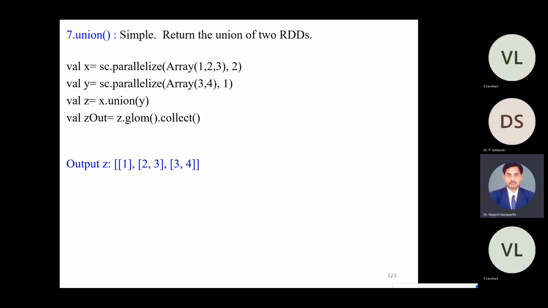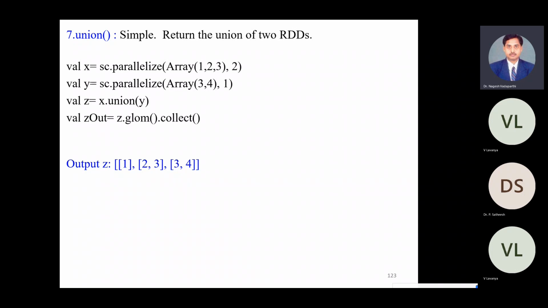Thank you, madam. So union is a transformation. It is very simple. It returns the union of two RDDs. My X is the input variable, sc dot parallelize of array of 1 comma 2 comma 3 with two sets. So 2 indicates 2 sets. Then output variable Y is equal to sc dot parallelize of array of 3 comma 4 comma 1.